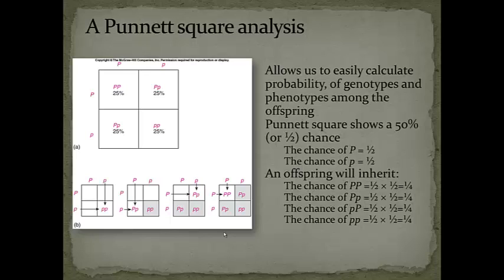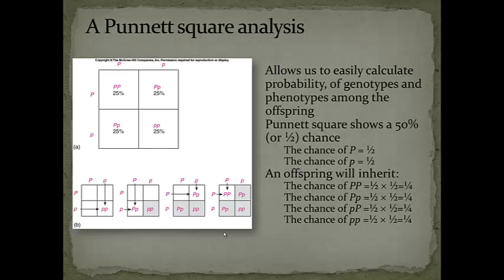Okay. Now, a Punnett square can show a cross between two heterozygotes because it makes it really easy to see what's going on, but you can do it with a couple of homozygotes too. It just depends on what each parent is contributing.